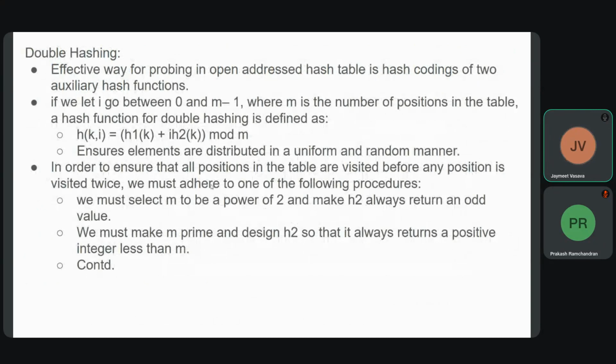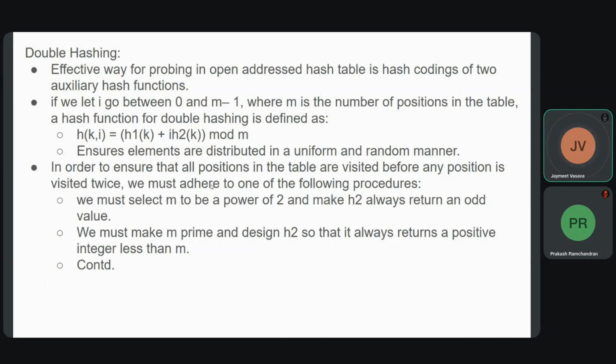Another type is double hashing. After linear probing, we'll be discussing double hashing. An effective way of probing in an open addressed hash table is a hash coding of two auxiliary hash functions.